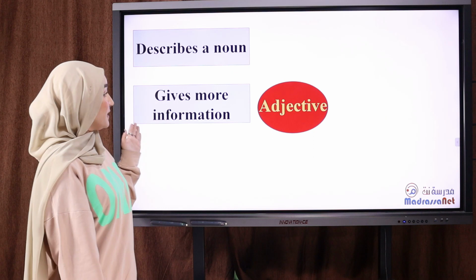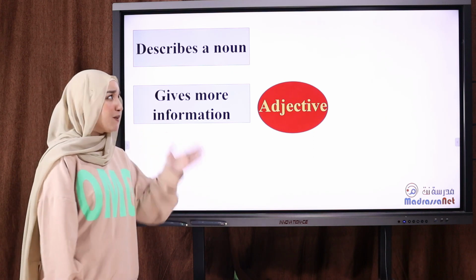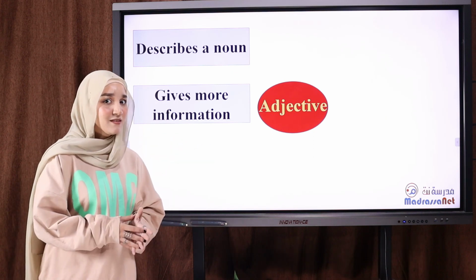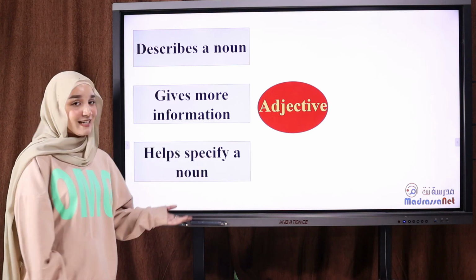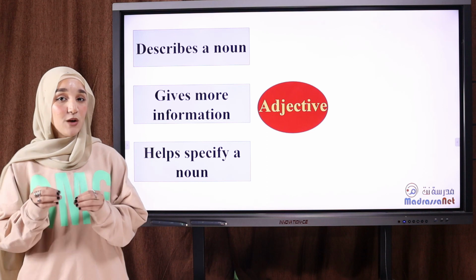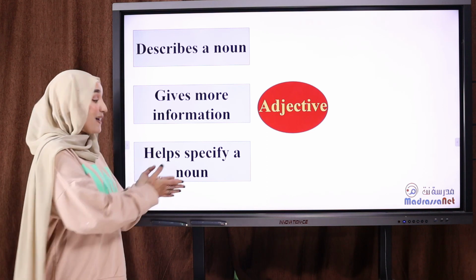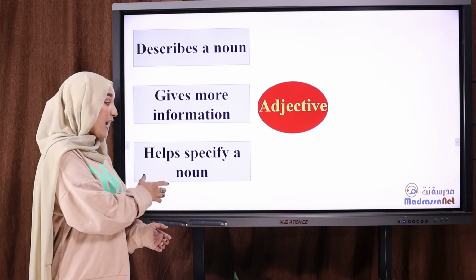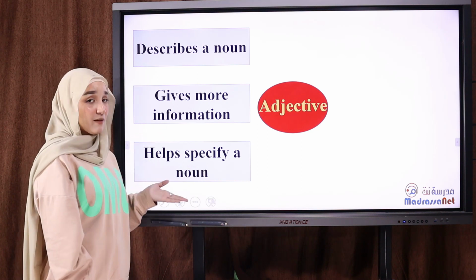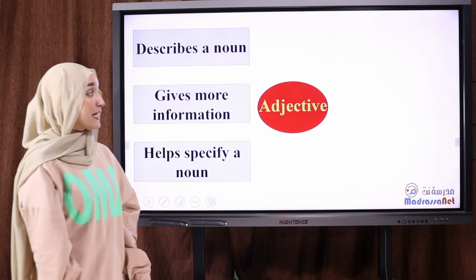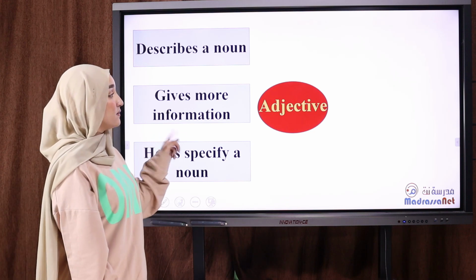An adjective gives more information about the noun we're describing, and it helps specify the noun. So when we use an adjective to describe a noun, we are making the noun more specific by giving more information about the noun. Let's take a look at an example.